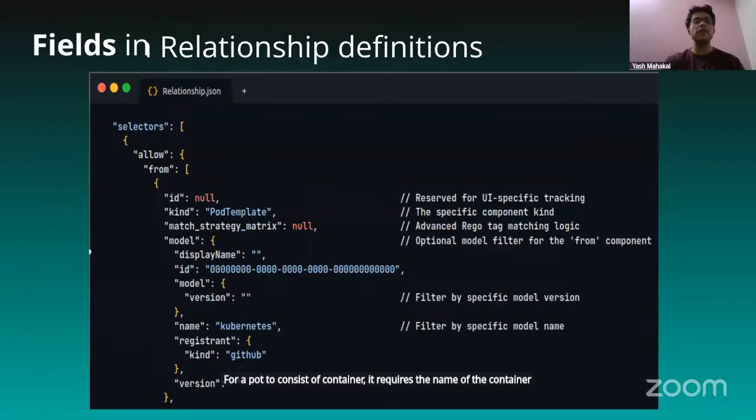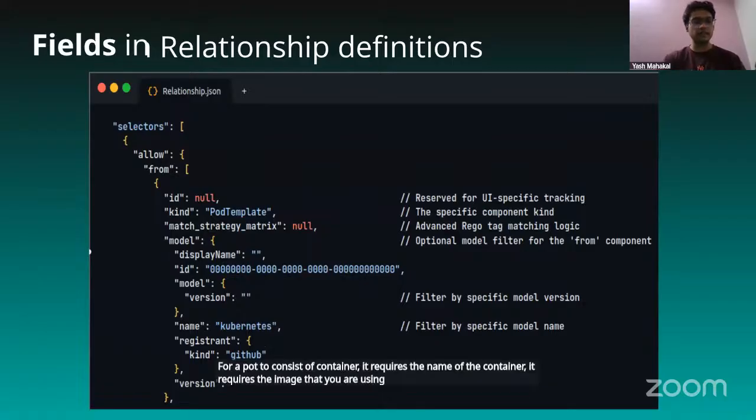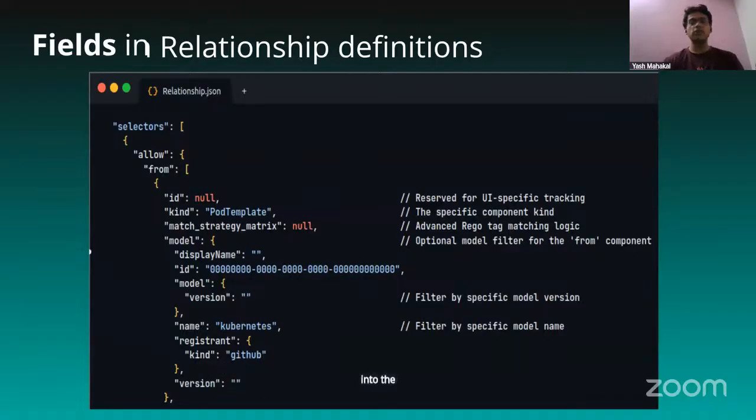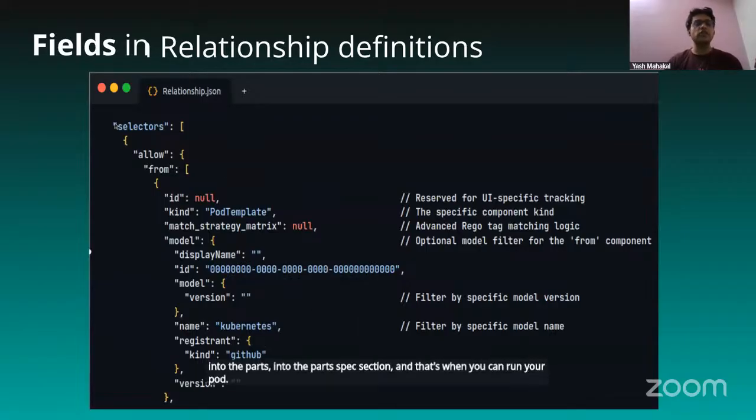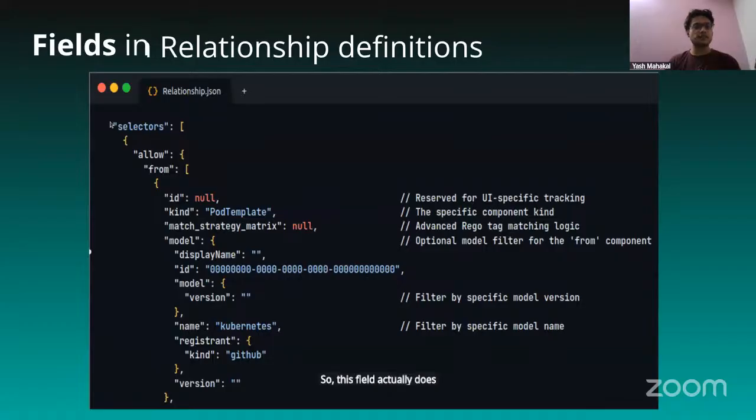It requires the image that you're using for the container. So you need to put all those things, the name of the container and the image of the container, into the pod spec section, and that's when you can run your pod. So this field actually does this ingestion task here.